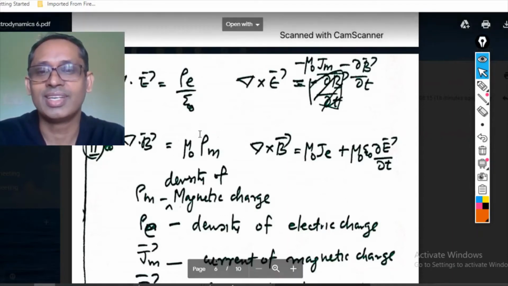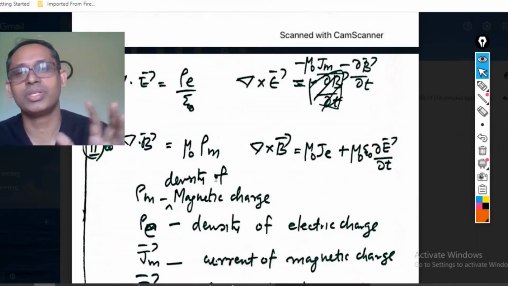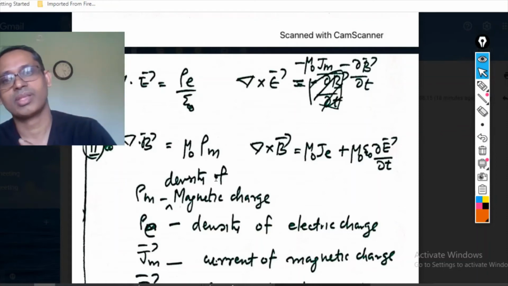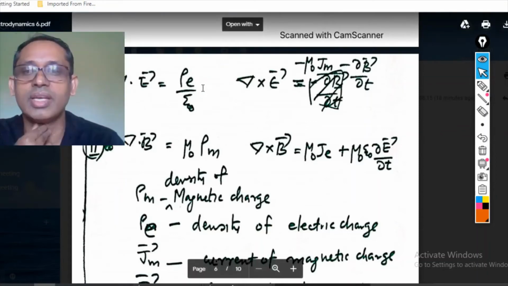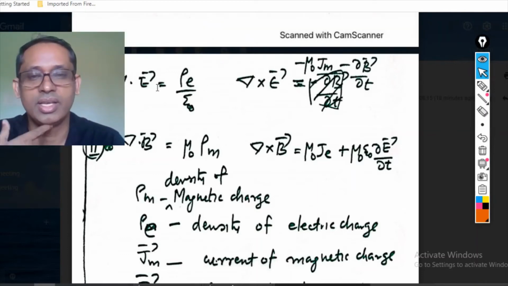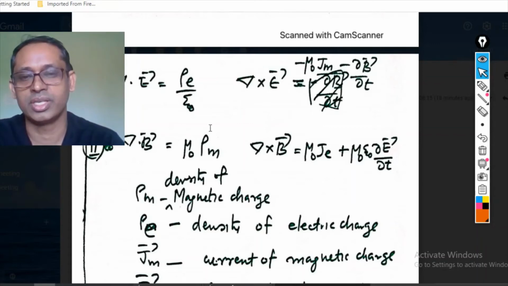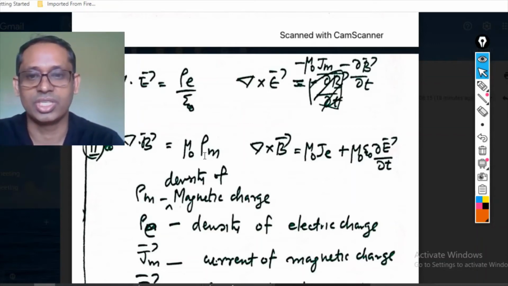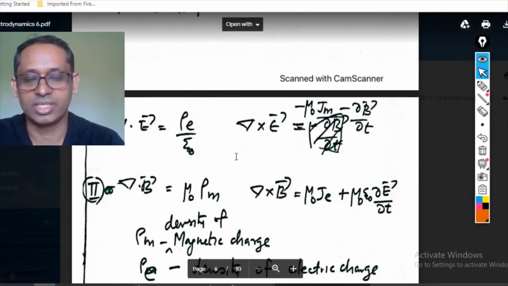And here, see del dot B, originally del dot B is equal to 0. Suppose, as we find in the first equation, Gauss's law, we had rho m, a magnetic charge. Rho m is the density of magnetic charge.